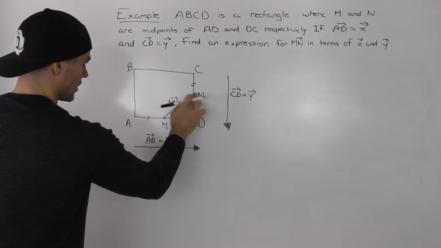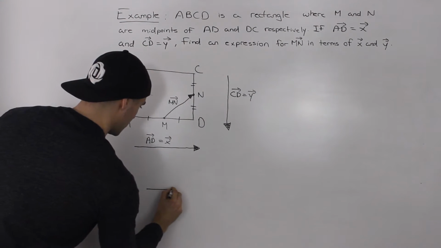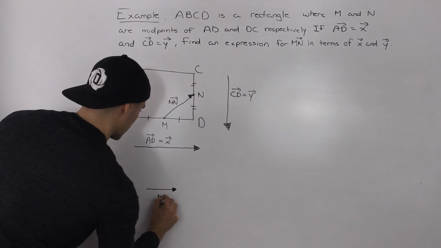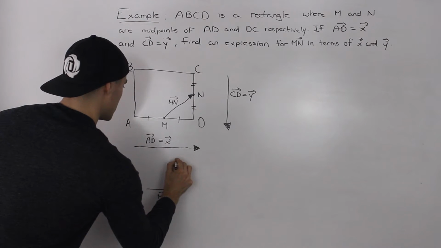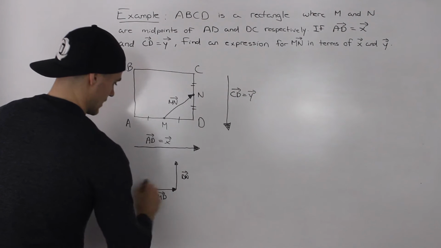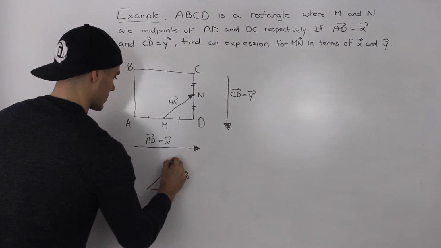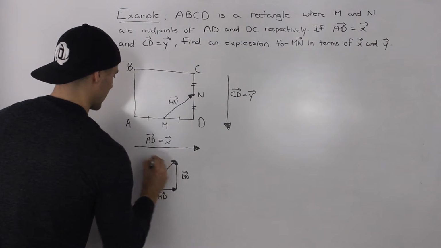So if we draw just this portion of the diagram below here, we would have vector MD plus vector DN, and the resultant of both of these vectors added together would be vector MN.